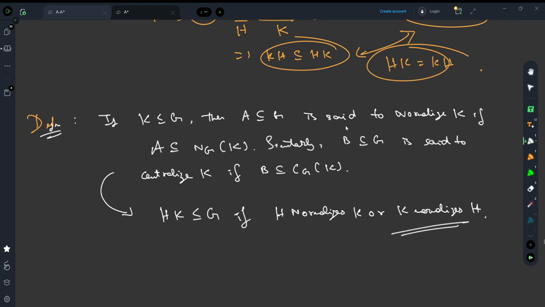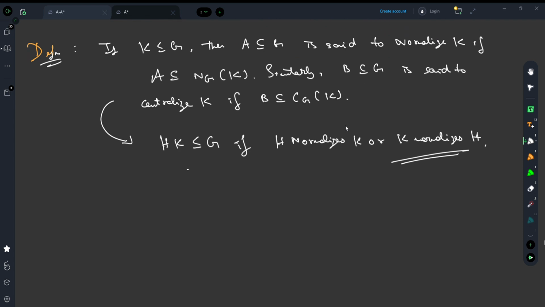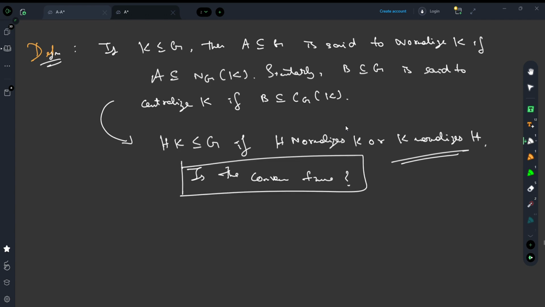But is the converse true? Again, since this is a one-sided implication, is the converse true? I ask you to justify the examples just so that you get deep into the topic. The rather obvious answer should be no, and it's indeed no.